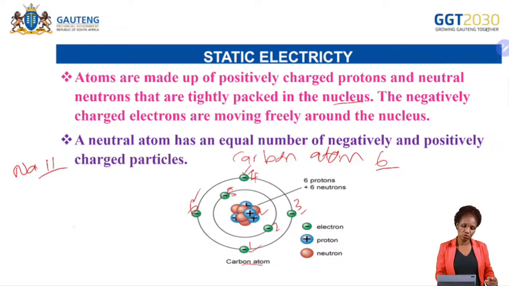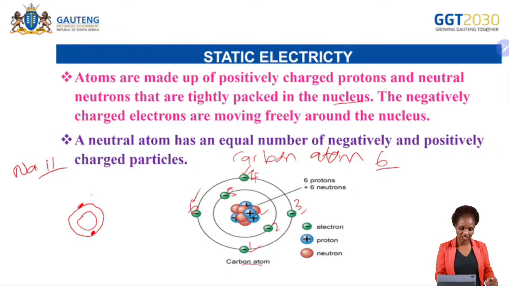It is going to appear like this. We've got the nucleus here, which comprises the positively charged protons and the neutral neutrons. And then the first energy level, this is our first shell. Remember, the first energy level can hold up to 2 electrons only.